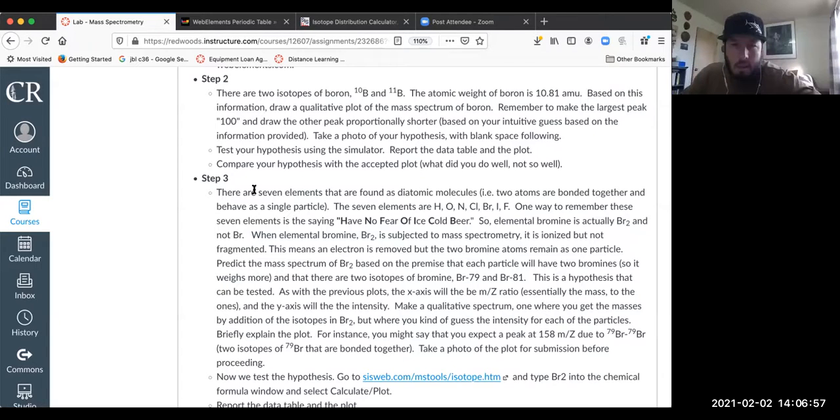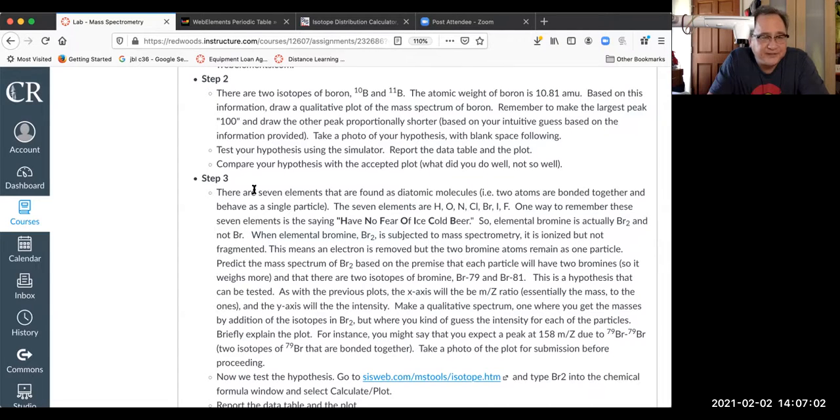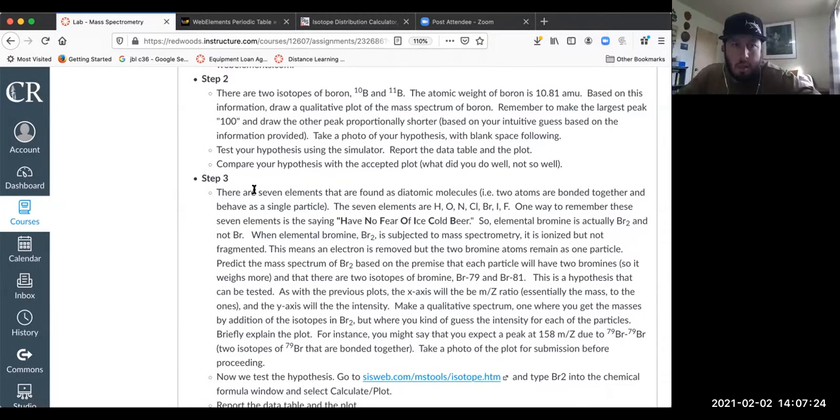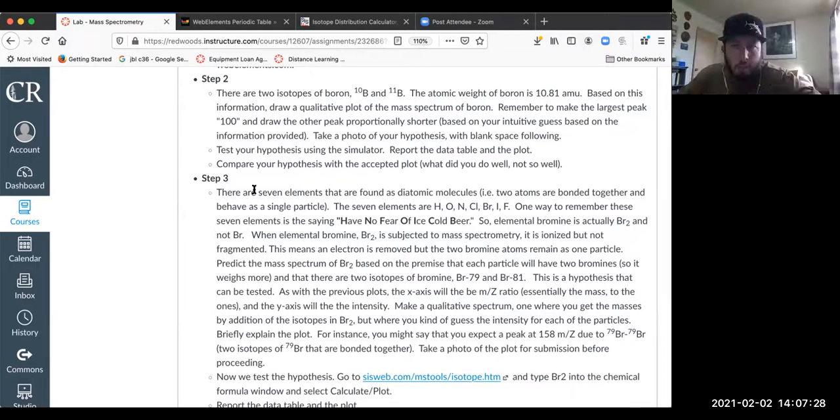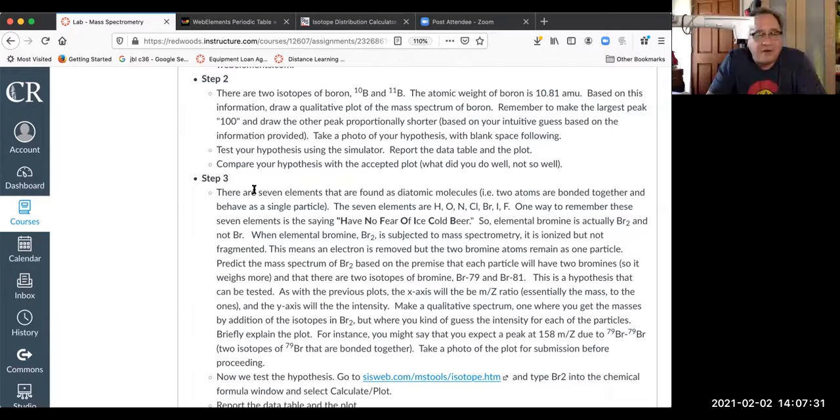So if we have 9 boron 11s and only 1 boron 10, wouldn't you say the average should be closer to 11? Yes. Okay, so with that in mind, which isotope do you think is more abundant, knowing that the average weight is 10.81? 10 or 11? Boron 11. So which peak is going to get the 100%? Boron 11.